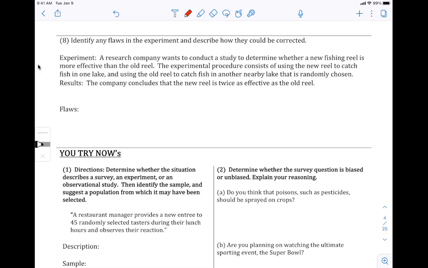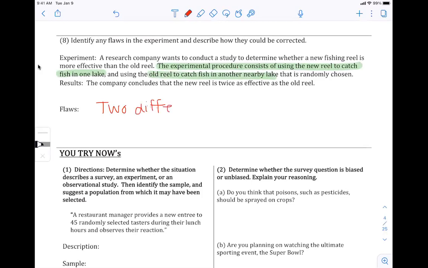Now I see flaws. One of the main flaws that I see here is this sentence right here. The new reel, they tried in one lake and they did the old reel in a different lake. One of the main flaws about this is that there are two different lakes.